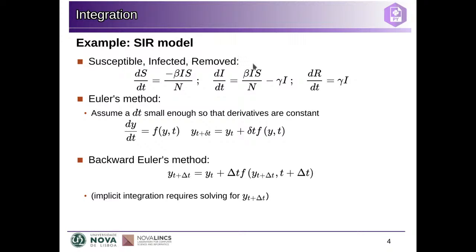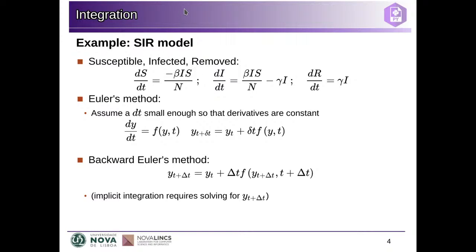This is a model with 3 compartments to model infectious diseases, where we have people that are susceptible to the disease. They can catch the disease. Those that are already infected, and so they can transmit the disease to others. And those that have been removed, either because they died or they recovered and now are immune to the disease. So these are the S, I, and R compartments.